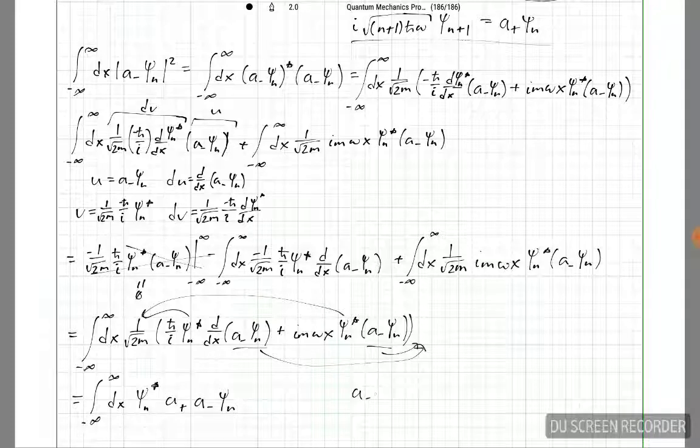Now we're going to use that equation. I believe this one was 2.46, and we are going to replace the a plus a minus acting on psi n with energy En times psi n minus 1/2 h bar omega psi n.